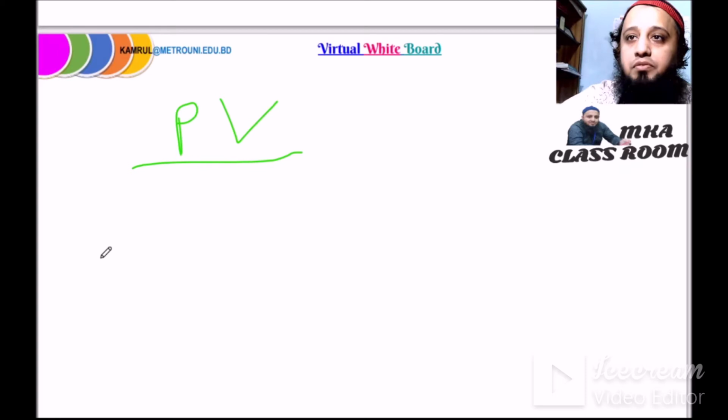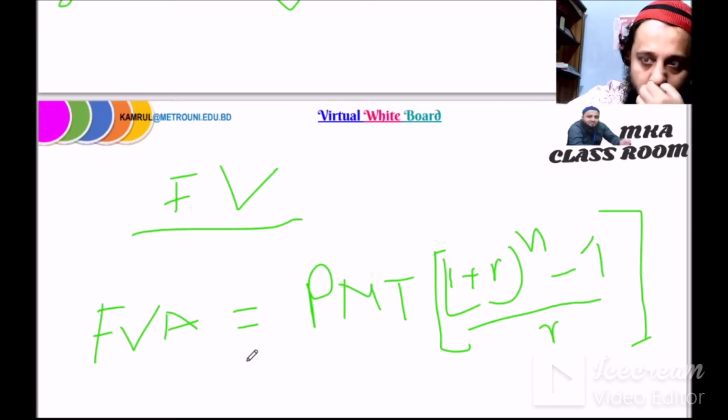FVA, future value of annuity, equals PMT into 1 plus R power n minus 1, divided by R. That is the formula for ordinary annuity.